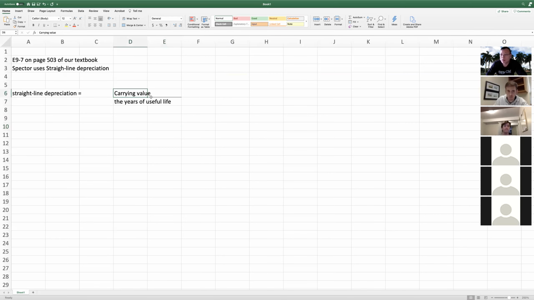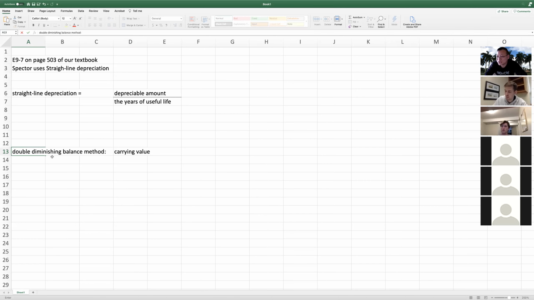So here should be depreciable amount, right? In one situation, you use carrying value. Do you remember for which method you use carrying value? This is for the double diminishing balance method.